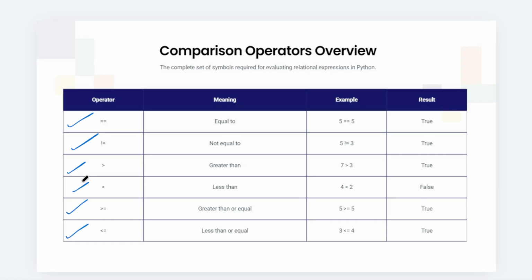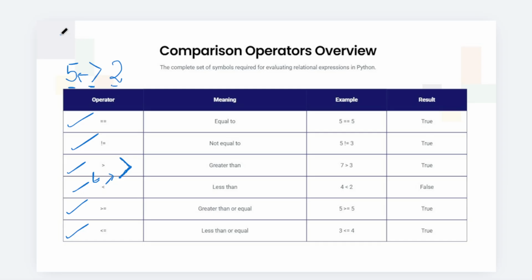Now many students get confused between the greater than sign and the less than sign. Why am I referring to it as greater? Because the broader side is at the left side. If I say 5 is greater than 2, I write 5 greater than 2.